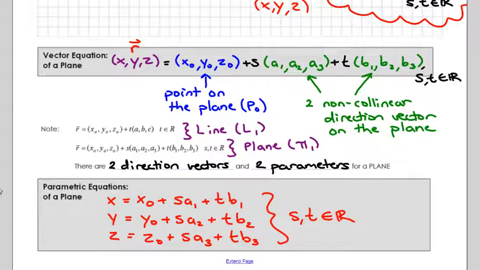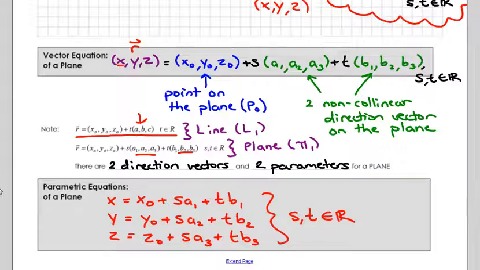That is slightly different than how we had written the vector equation of a line. Notice that this one has two direction vectors and two parameters, whereas the line only has one. And at the end, you can also solve for any of your individual components of your points.